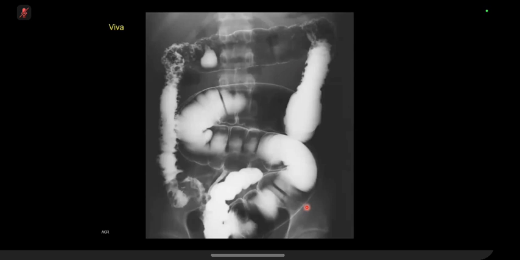There's mucosal edema in terms of thumb printing, quite marked in the ascending colon. There are also some filling defects seen in the ascending and proximal transverse colon, the splenic flexure as well, and also in the proximal descending colon.